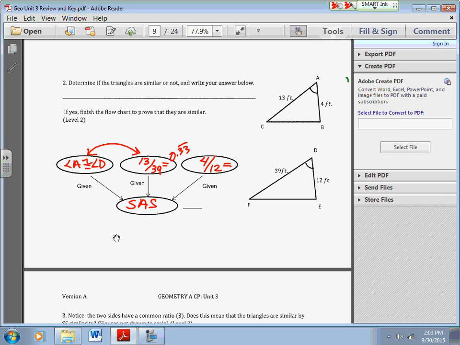All right, and then check 4 over 12. Same, okay. I did it larger. That's fine, larger to smaller should have given you 3. The only thing that would make a difference is if there was an enlargement or a reduction.